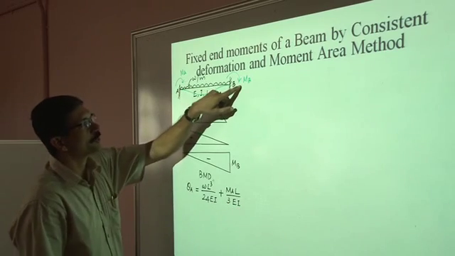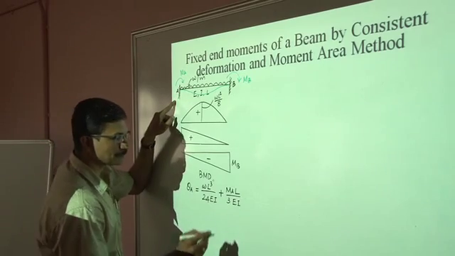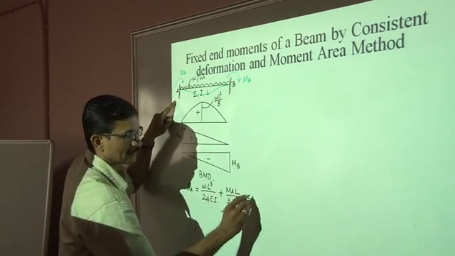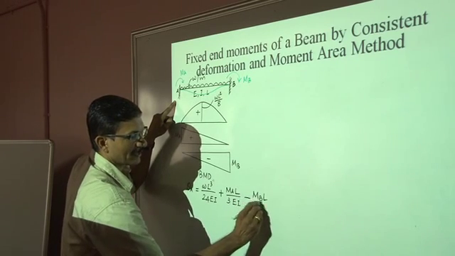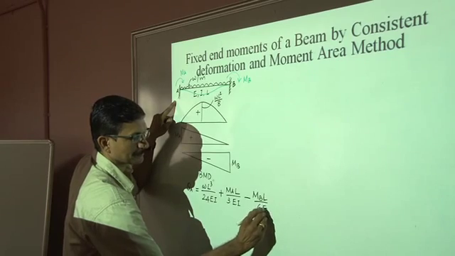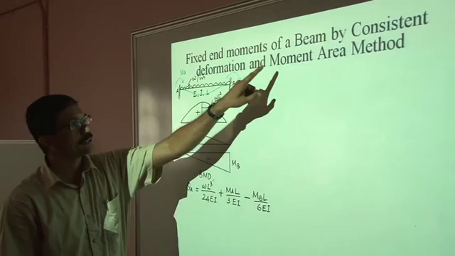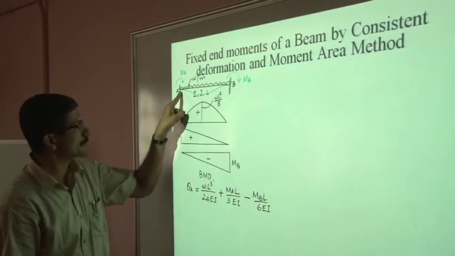And because of the hogging moment at the other end, the rotation at this end would be anti-clockwise, so minus sign, MB into L divided by 6 EI. And according to the method of consistent deformation, this rotation should be equal to 0.